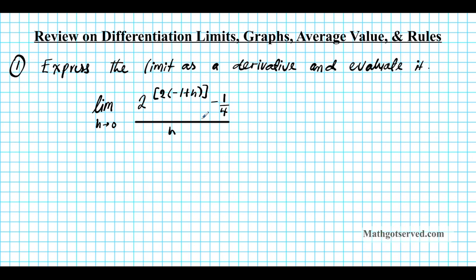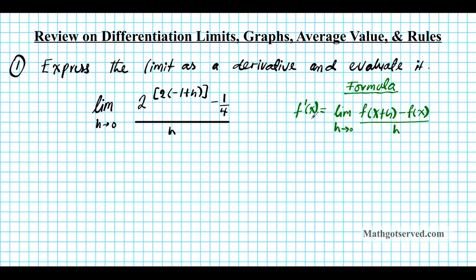Now, what is this in derivative form? First of all, let's go over the formula for how to express the derivative as a limit. The derivative at any value x, f prime of x, expressed using limits, is the limit as h approaches 0 of f of x plus h minus f of x over h.